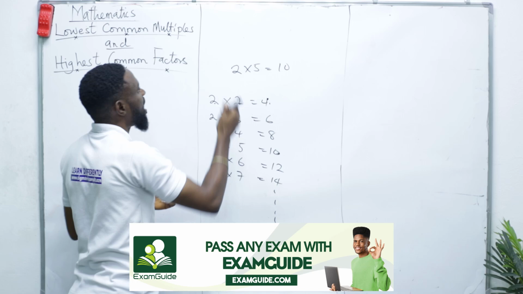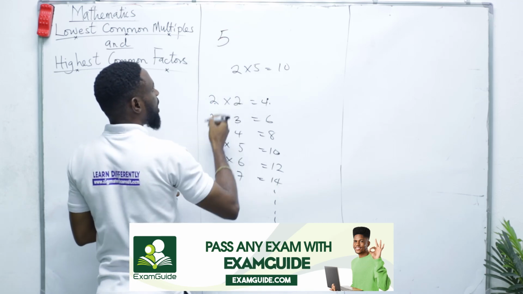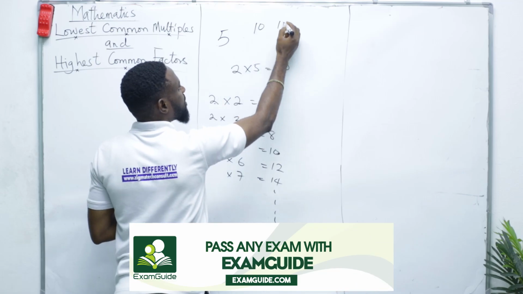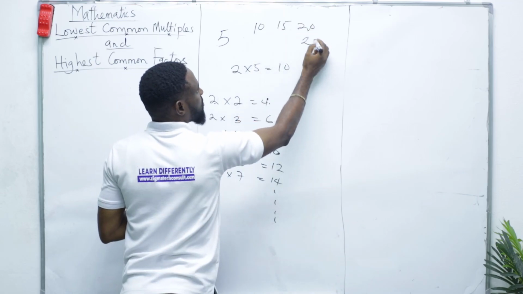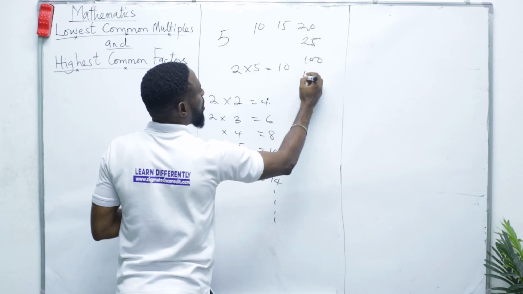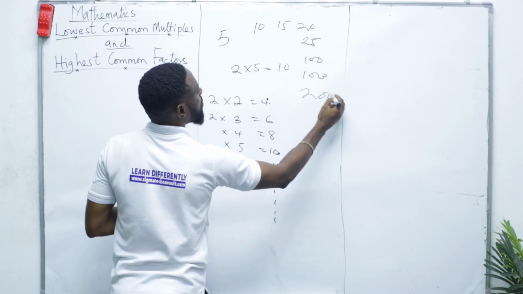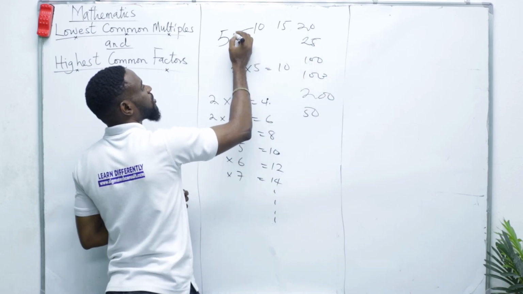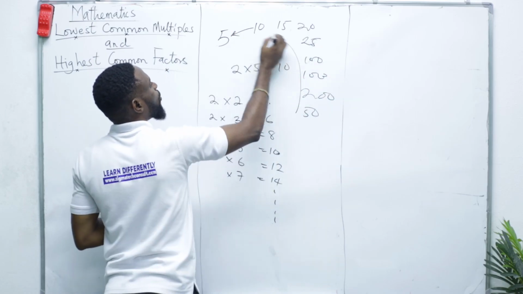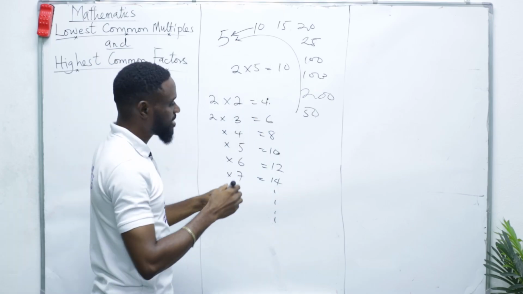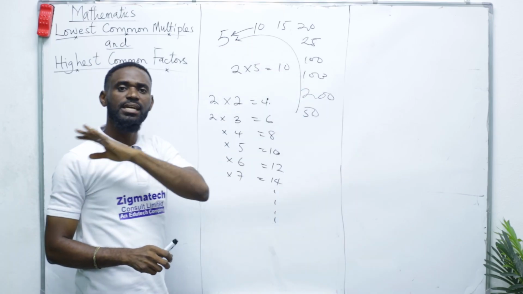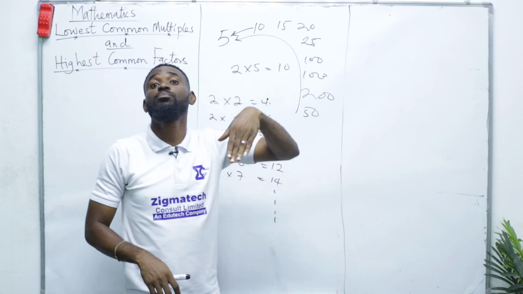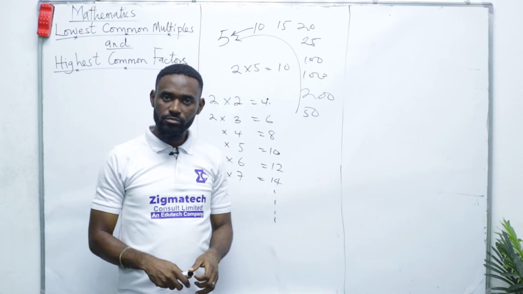For instance, multiples of 5 include 10, 15, 20, 25, 50, 100, 1,000, 2,000. All these are multiples of 5, because 5 can divide all of them without any remainder.